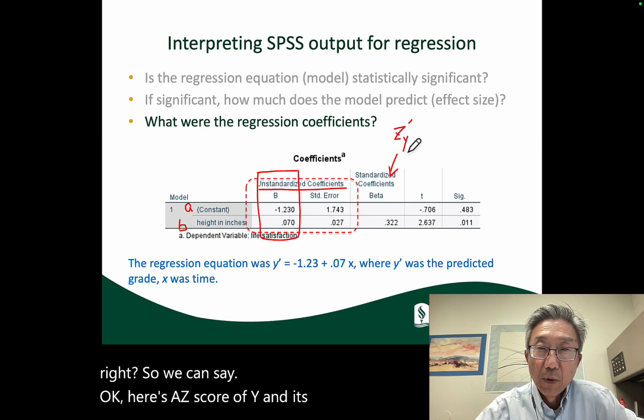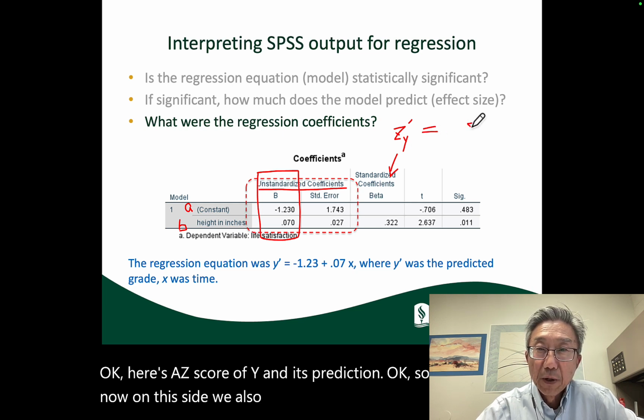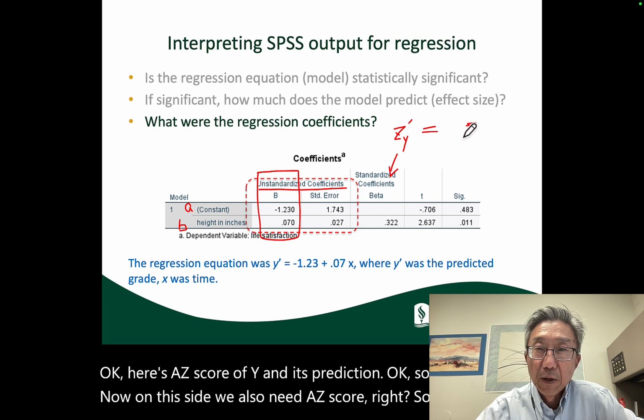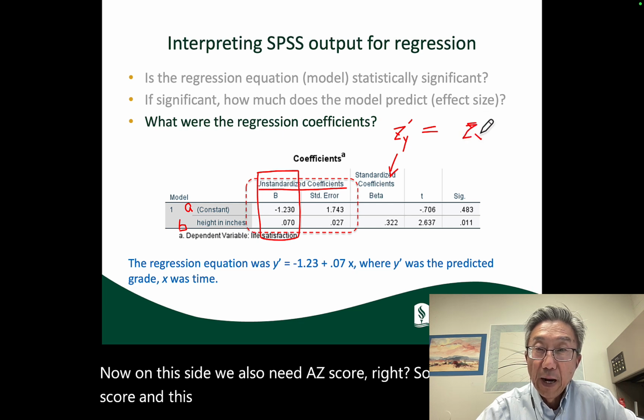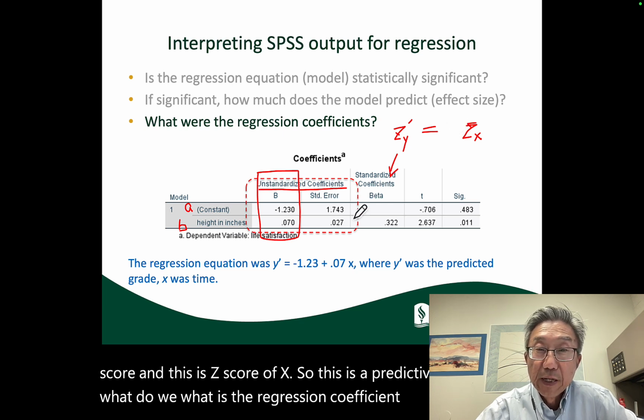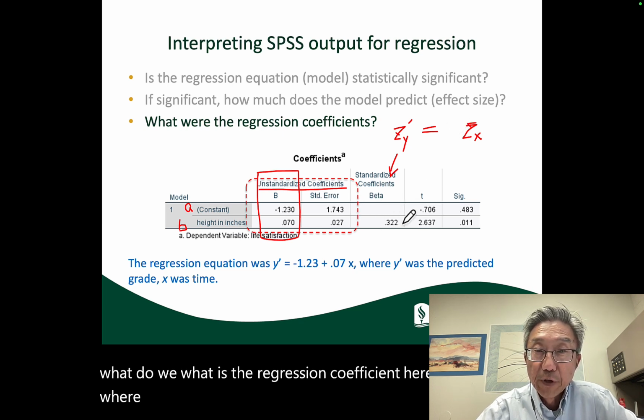So zy prime equals. Now on this side, we also need a z-score, right? So this is also a z-score, the z-score of x. So this is a predictive variable. Now what is the regression coefficient here? This is where the beta coefficient comes in.